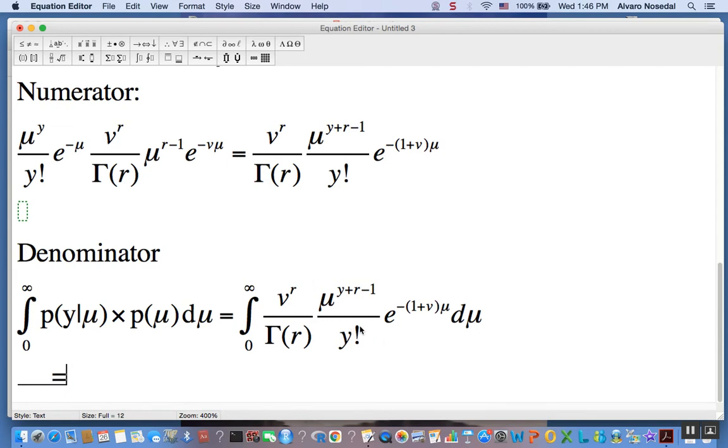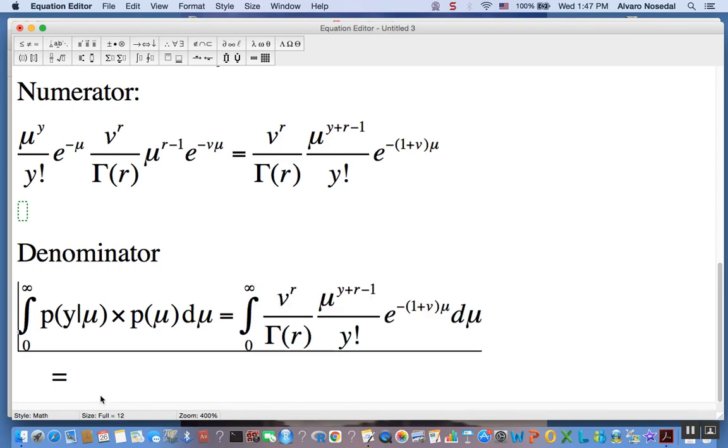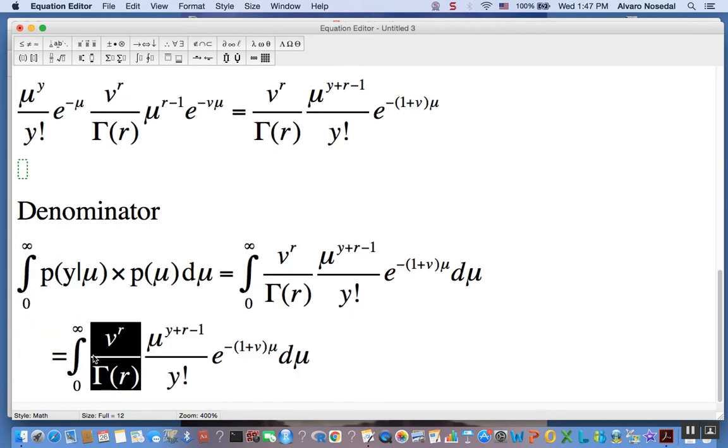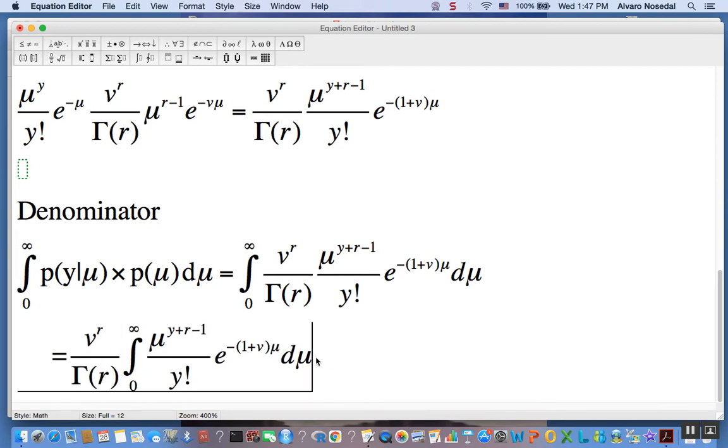So anyway, in this case it should be clear that this guy looks like the PDF of a gamma, right? So when we are integrating with respect to mu, let's pull out the constants, the terms that do not involve mu. So v and r are constants with respect to mu, right?